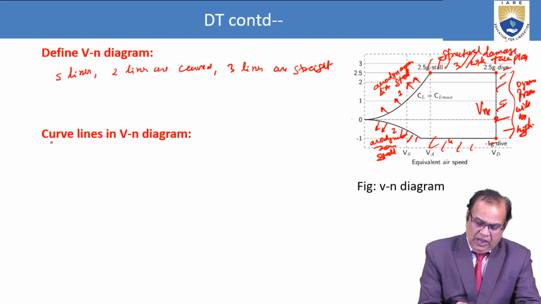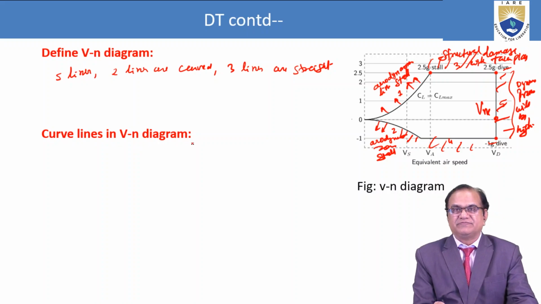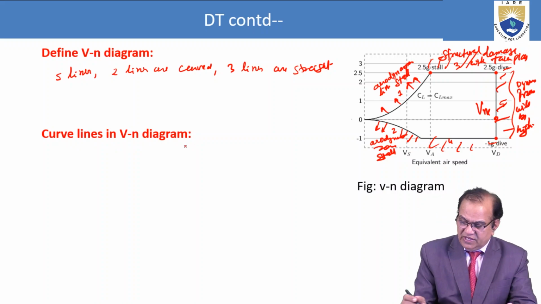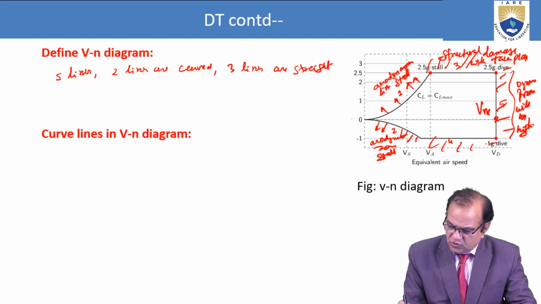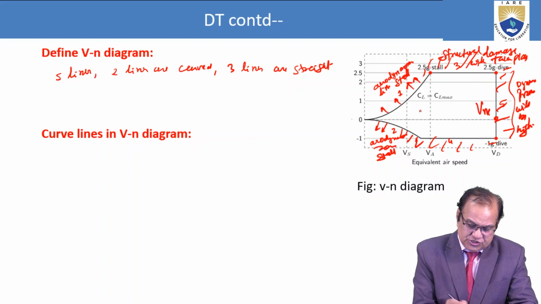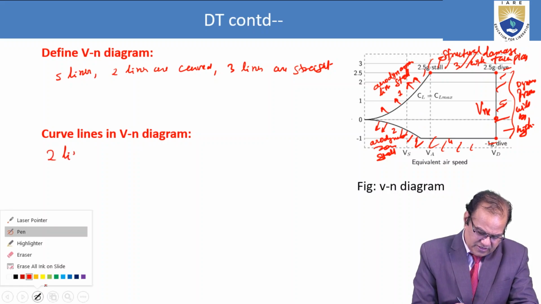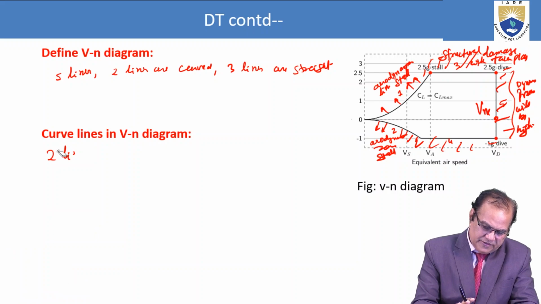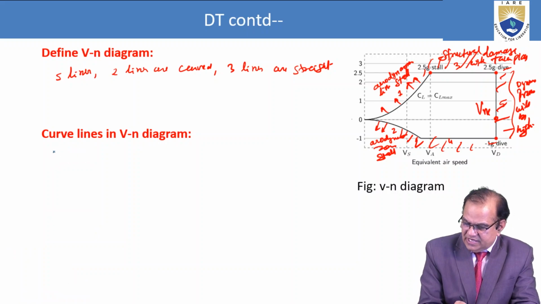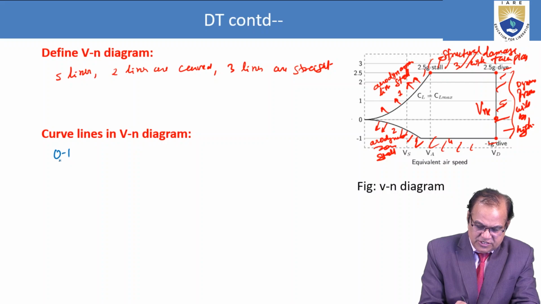Now, the curved lines in the VN diagram. If you see here, 0 to 1 and 0 to 2, these 2 are curved lines.